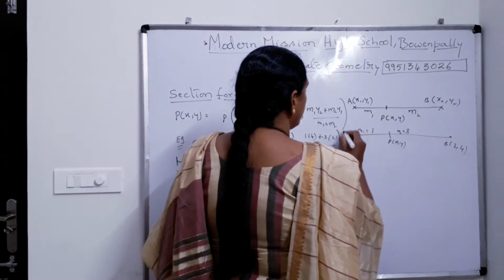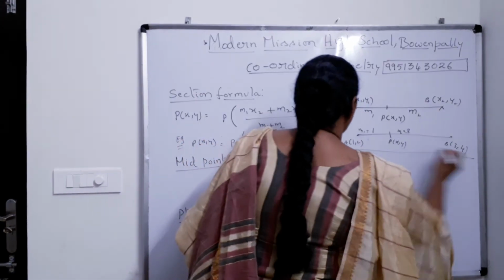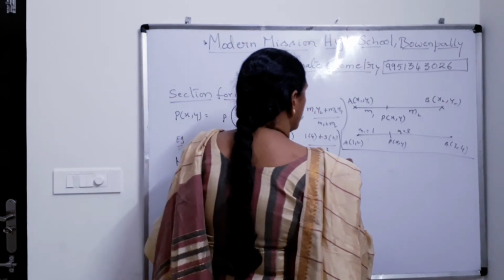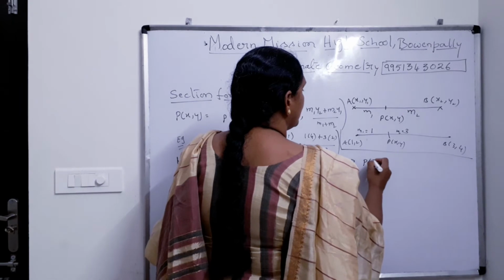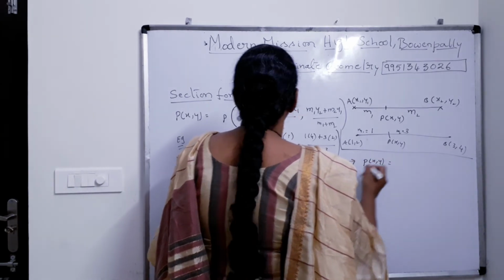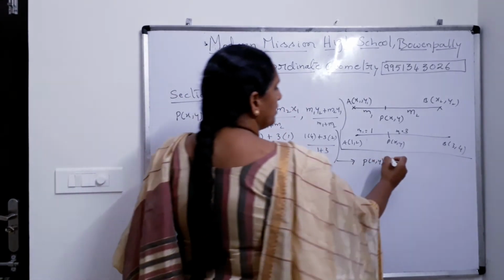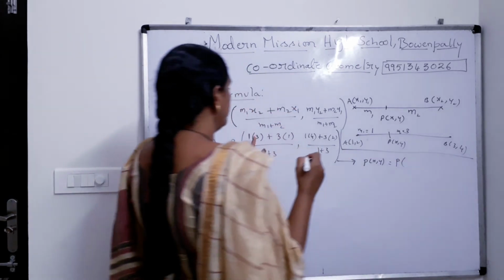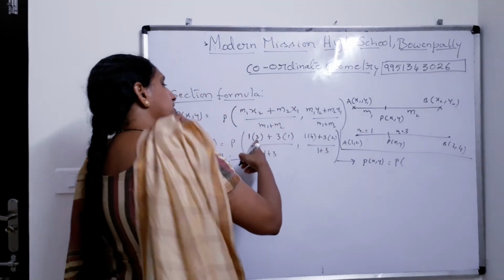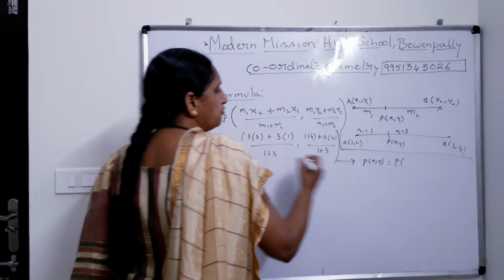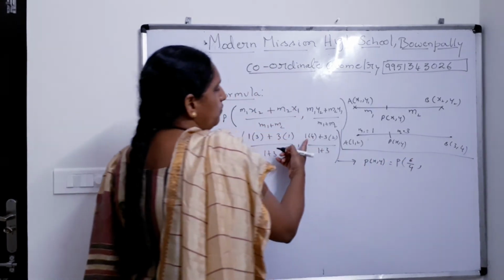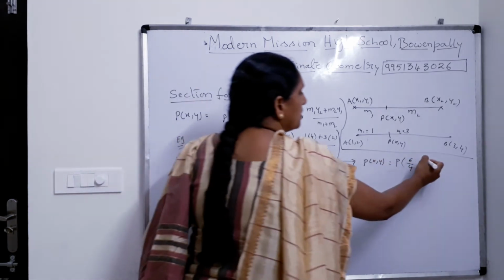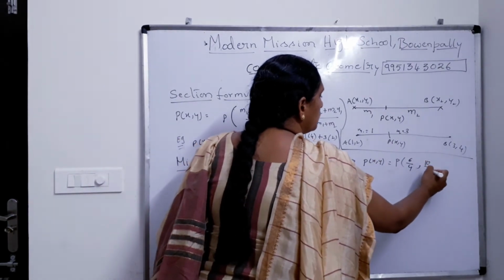On simplification, we get the P value: P of x comma y is equal to P of 1 into 3 is 3, plus 3 is 6, by 4, comma 4 plus 6, 10, by 4.